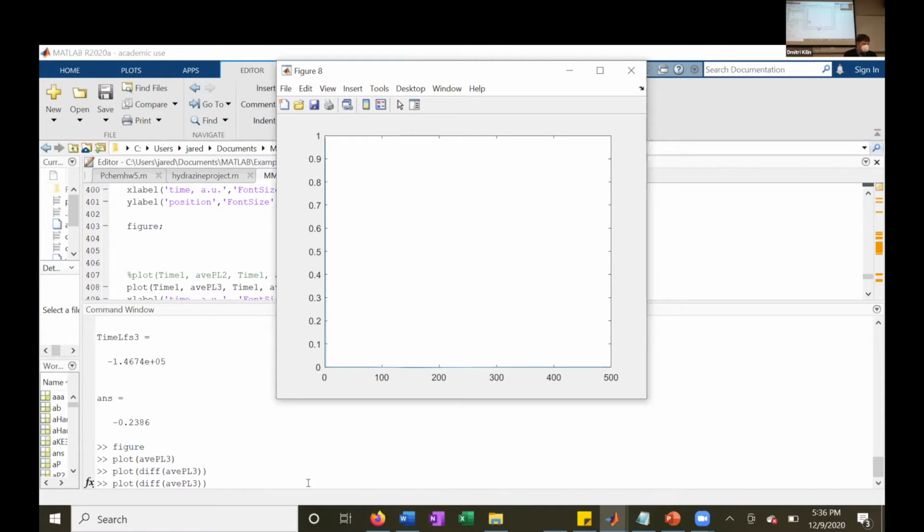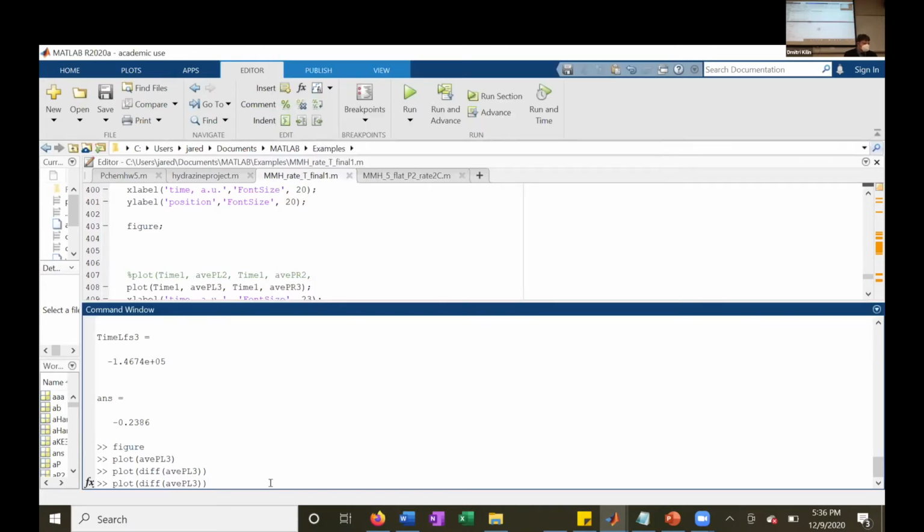Hit enter and type axis, open bracket, open rectangular bracket, and type 2, space, 400, space, 0, space, 0.01. Close rectangular bracket, close regular bracket.